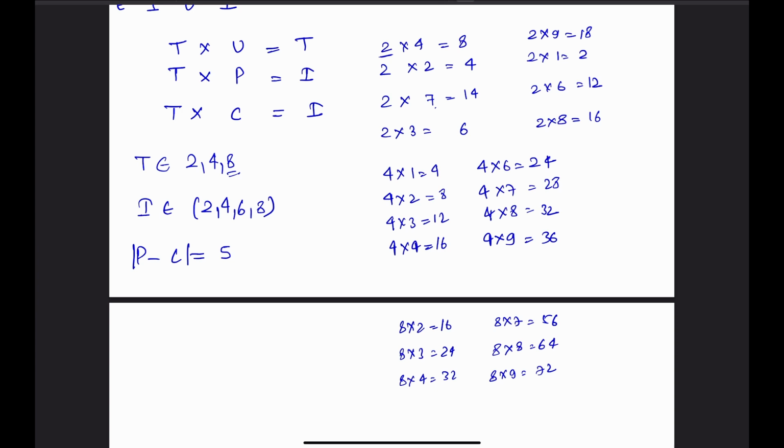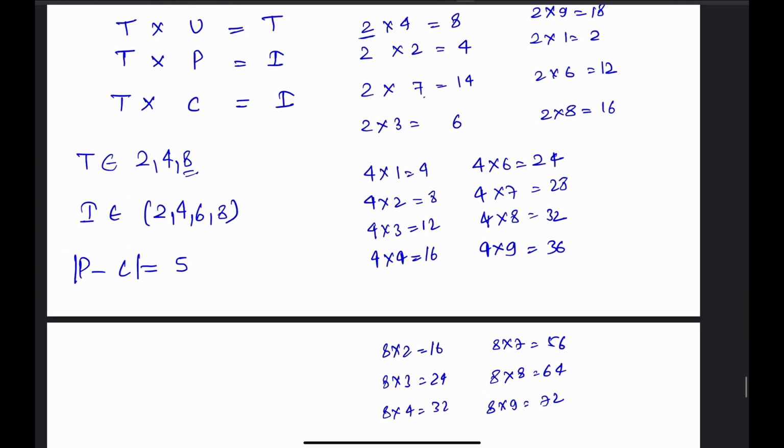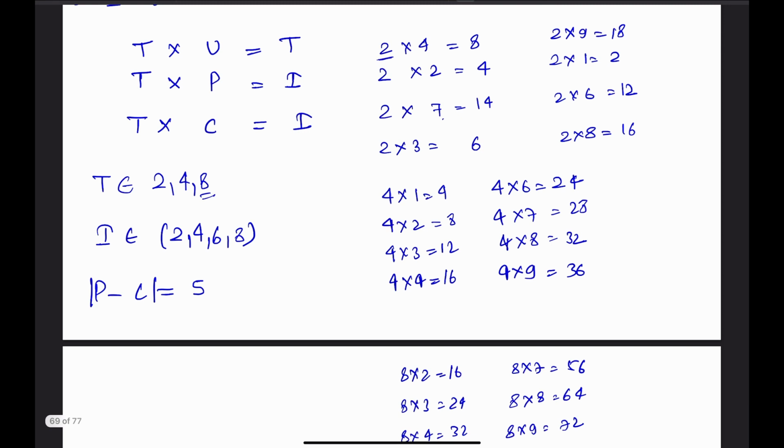So if I take T as 2, my P and C could be 3 and 8.